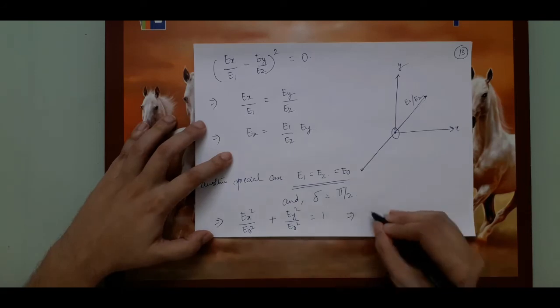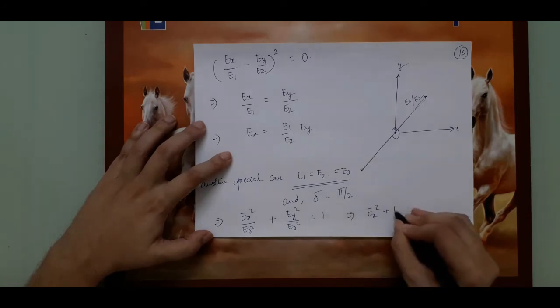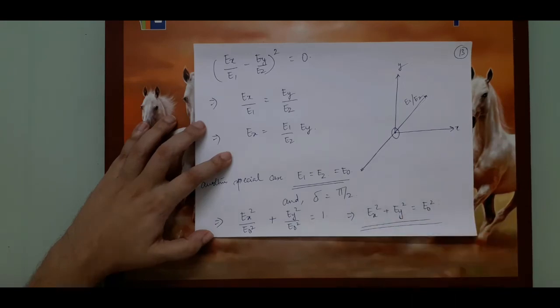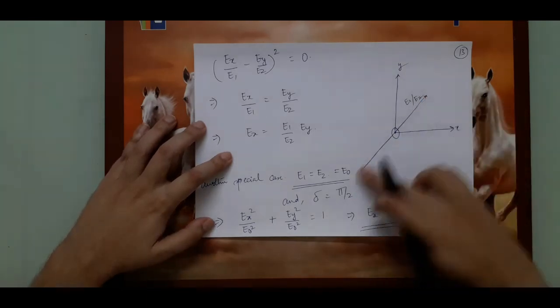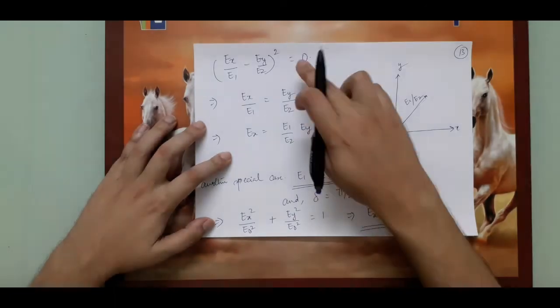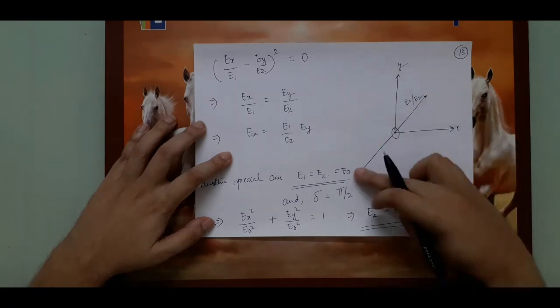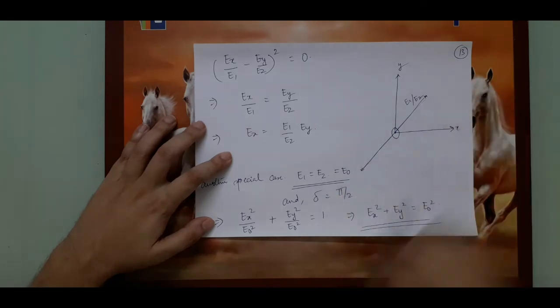So it is like saying Ex square plus Ey square equals E0 square. So what is this? This is nothing but a circle. Just like when delta was 0, we got that the electric field vector of the wave is oscillating on a linear locus.